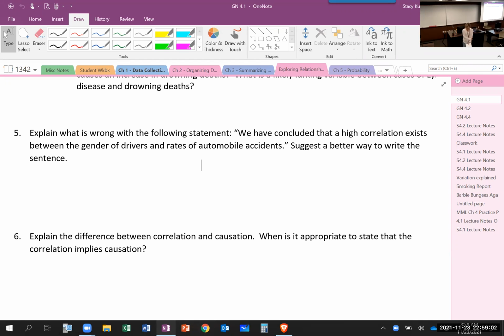Okay, maybe a better way to state this goes back to when we did our observation versus experiment chapter. We talked about observational studies, which allow us to compare quantitative and qualitative things to each other, which would be this type of example.